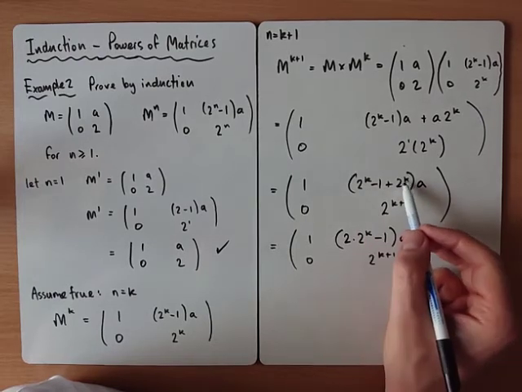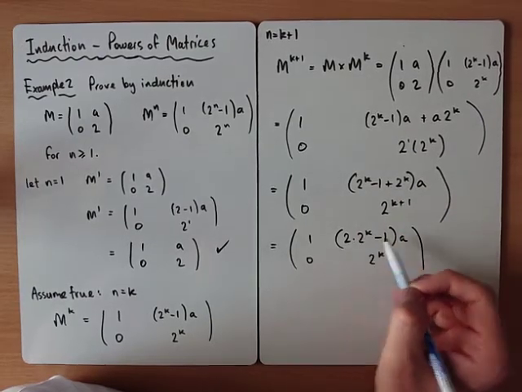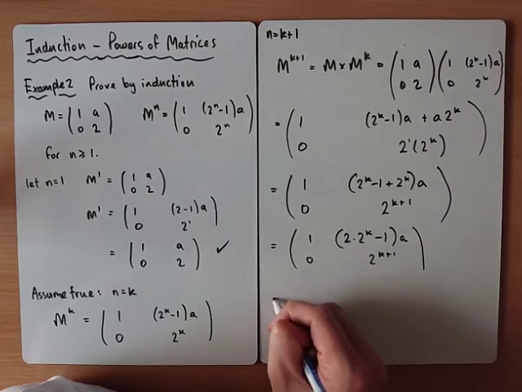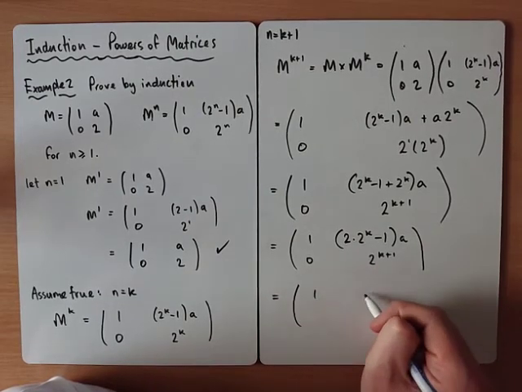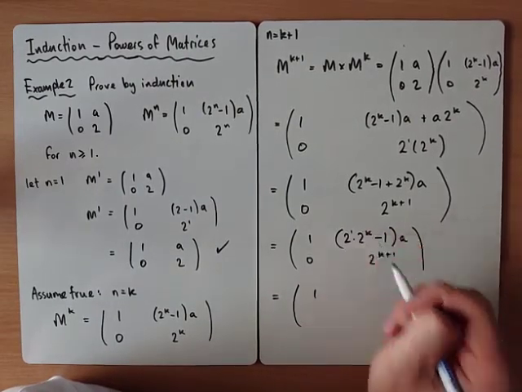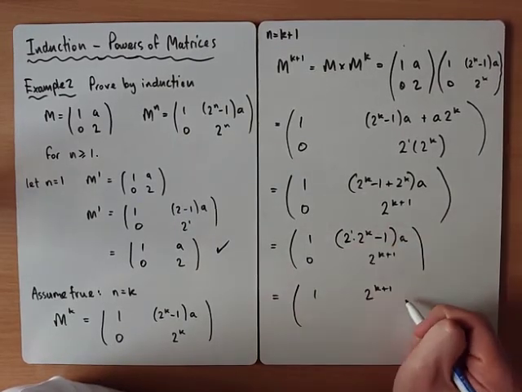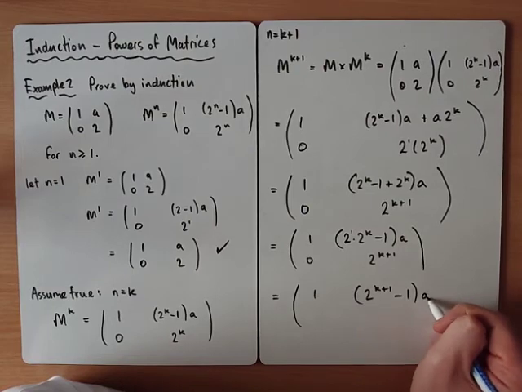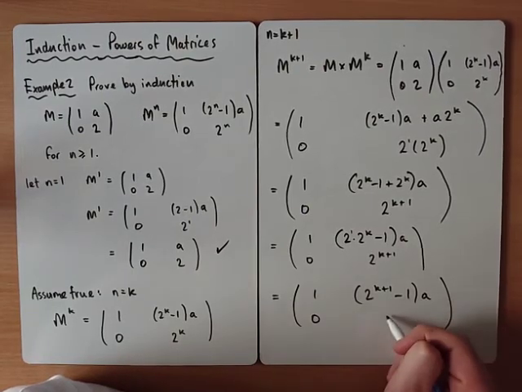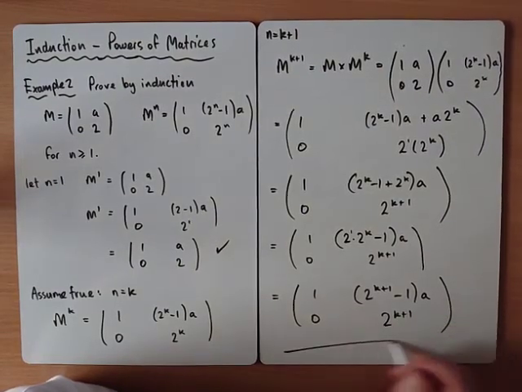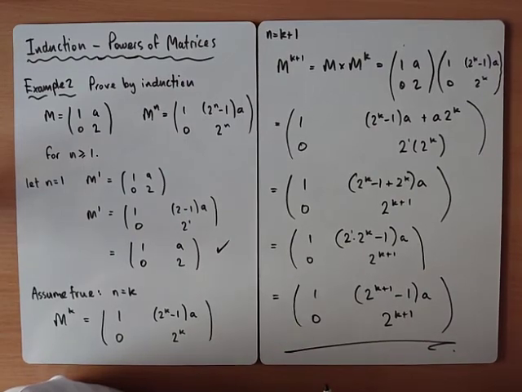Think about it, if you've got 2 to the k plus 2 to the k, you've got 2 lots of 2 to the k, and then we just use index form. 2 times 2 to the k, add the powers. And we've got our result that we were aiming for.